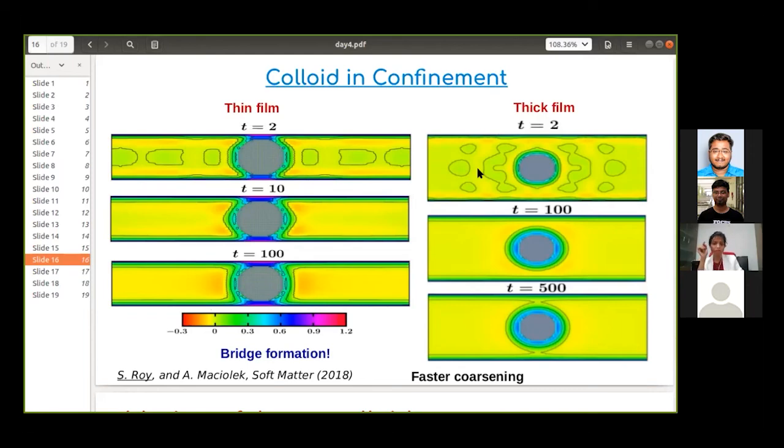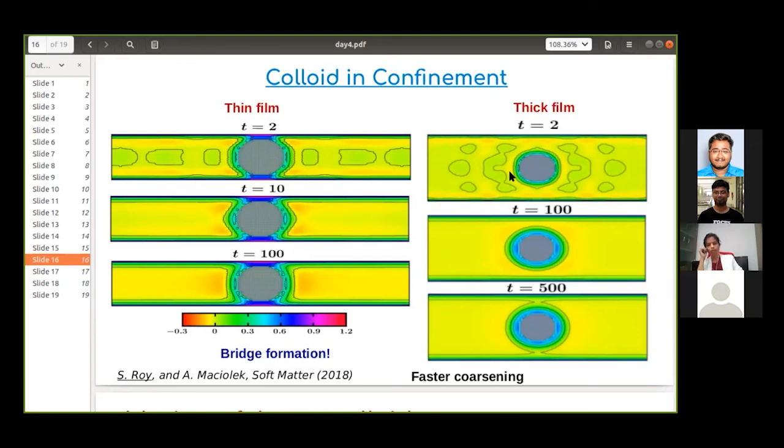But the interesting difference to note here is that in case of a thick film, even if you wait for a long time, there is no bridge formation occurring around the particle, connecting both the slabs as well as the colloid. No, there is no bridge formation happening in case of a thick film.